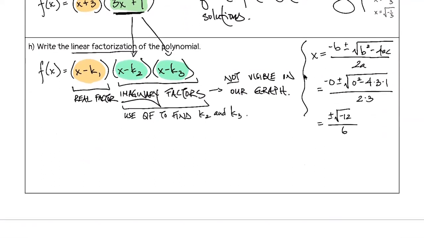Now, being able to simplify from here is important. So let's think about how we can break down -12. Well, we can break it down into 4 times 3 times -1. And we're dividing this by 6.